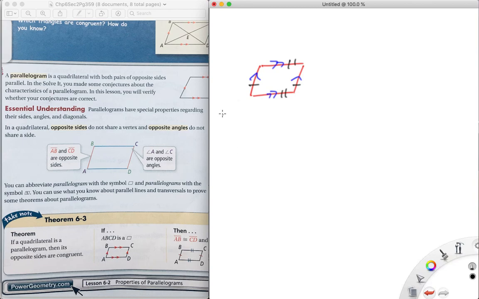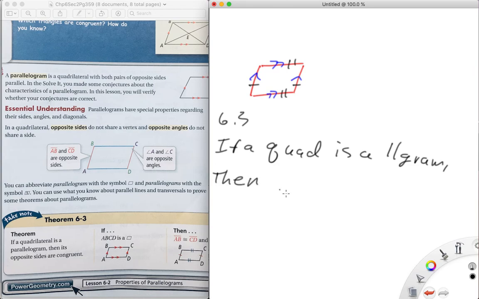So if a quadrilateral is a parallelogram, then opposite sides are congruent.